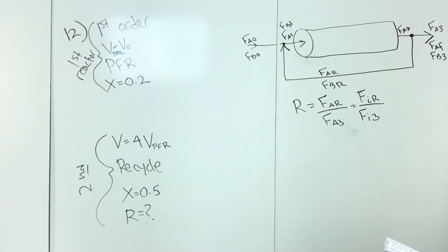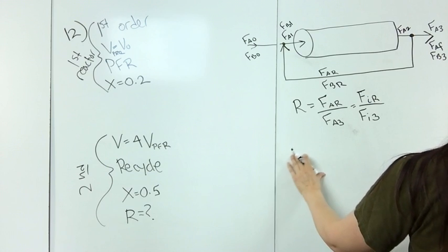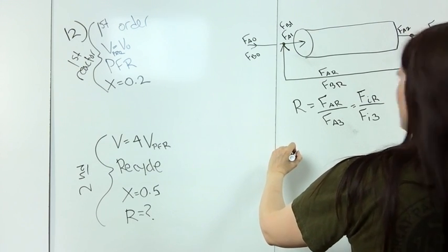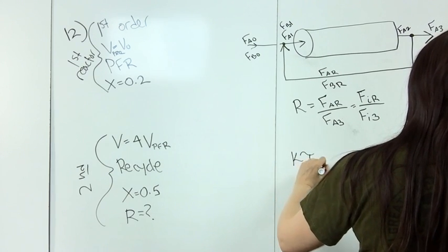But I highly recommend knowing how that equation was derived, because I can't guarantee that he won't ask you to derive it, or give you some data for a reactor and ask you to derive that equation. So definitely be familiar with how to derive it, but in this case you can just jump straight to the integrated equation.